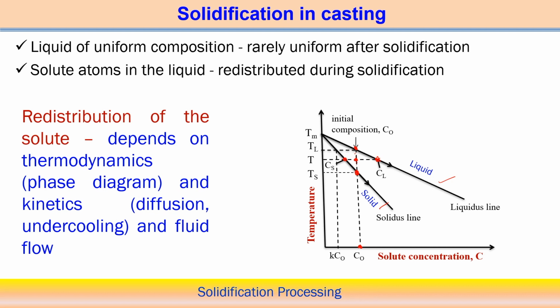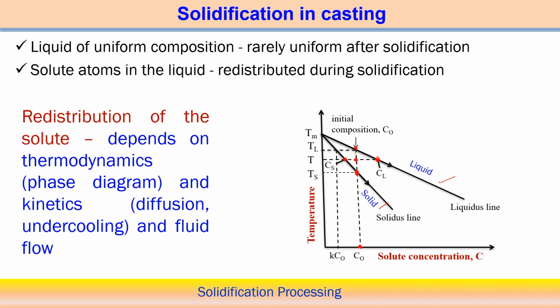Now under equilibrium conditions, when you allow diffusion to occur in both the liquid phase and the solid phase, then in the ideal situation it follows the solidus and liquidus lines exactly. But in the practical case it may not be under equilibrium conditions.